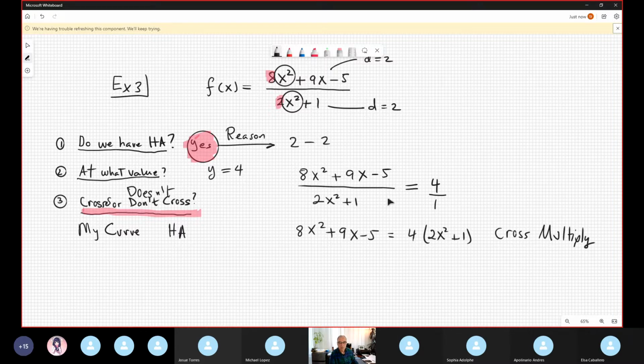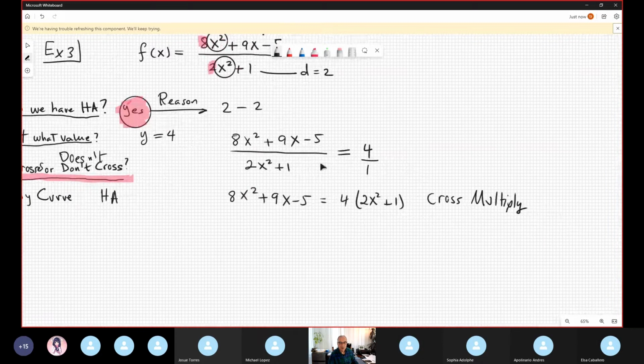Now I have an equation, and using my skill in algebra, I try to solve it. You apply the distributive property here: ax squared plus 4, because 4 times 1 is 4. And now, wow, I see this part cancelled, it's the same.